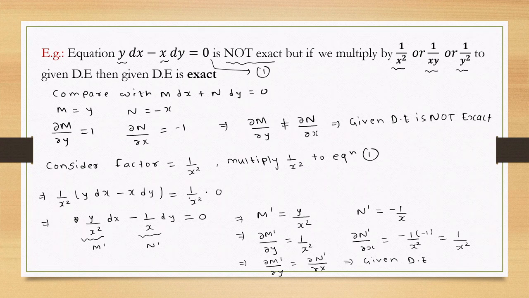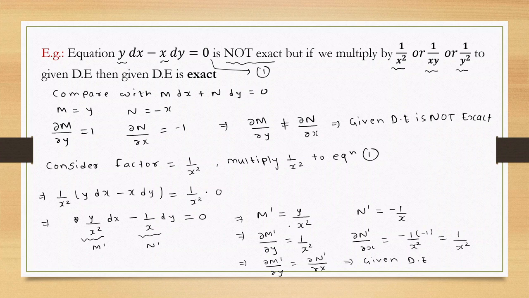Now, originally we have this equation y dx - x dy. This is not the exact one. But if you multiply 1/x² to this equation, then we get the equation (y/x²) dx - (1/x) dy = 0, and this is the exact one.